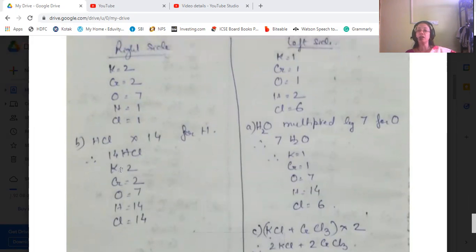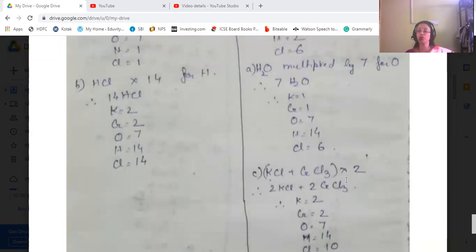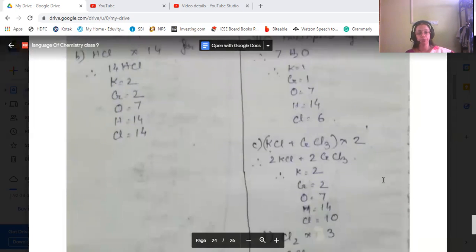So 14HCl, that means potassium 2, chromium 2, oxygen 7, hydrogen 14, chlorine 14. So see, still it's unbalanced. Chlorine is unbalanced now. Even potassium and chromium are also unbalanced. So potassium chloride and chromium chloride, each of them are multiplied by 2.